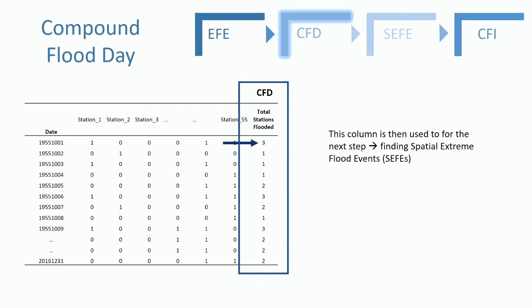But additionally, as I mentioned previously, we need to determine how many of these stations flooding on each of these days is significant or not occurring by chance, which brings us to the next step for finding that spatial extreme flood event threshold.